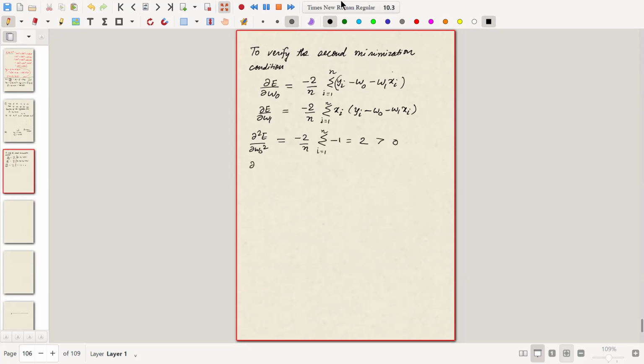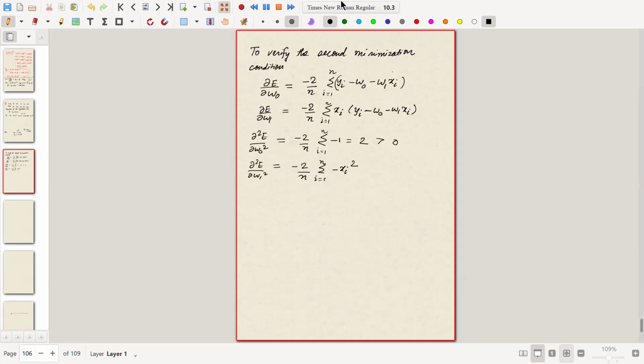What is dou 2E by dou W1 squared? The xi is already there, I moved it inside, so xi squared. Of course, this quantity is positive.